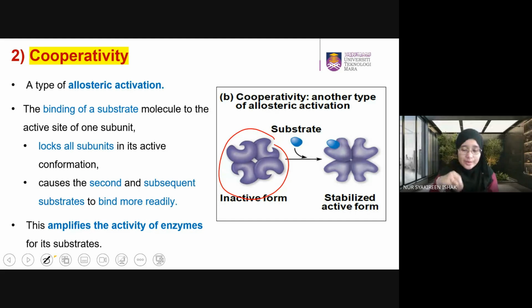So for cooperativity, to activate all the subunits of the enzyme, it requires one substrate to bind to one of the active sites to cause all the subunits to be activated. That is cooperativity. So it is different from allosteric regulation earlier.